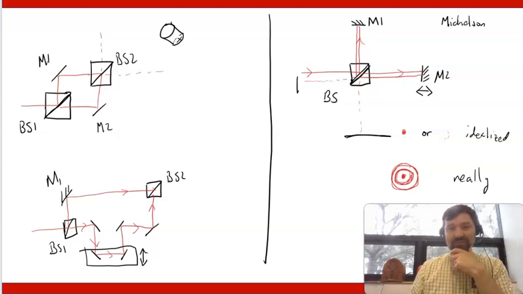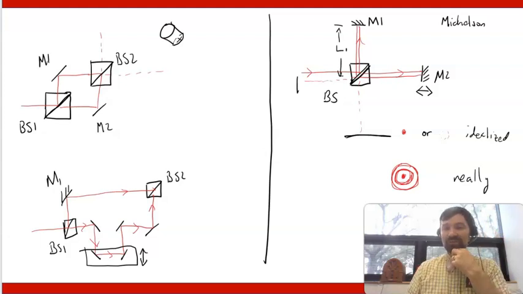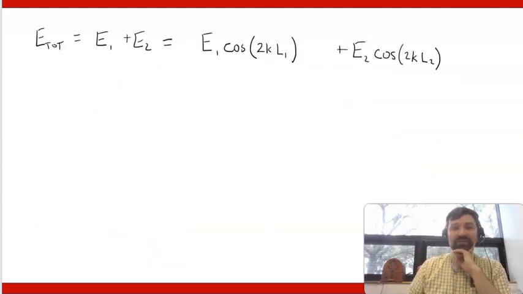If this path length right here has value L1, then this beam will have traveled L1 apart from the other beam, and this beam will have traveled L2 apart. All right, and so that's what these two terms are.